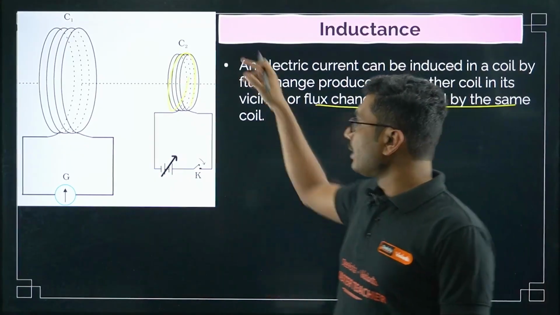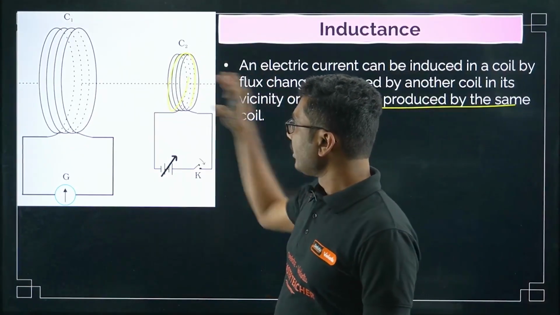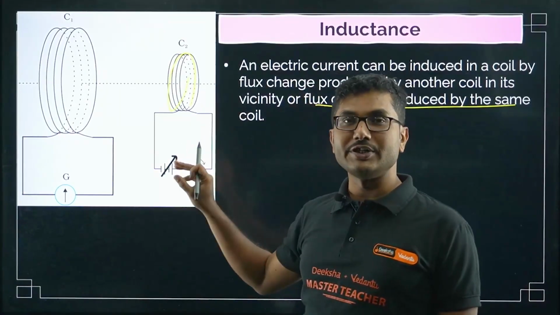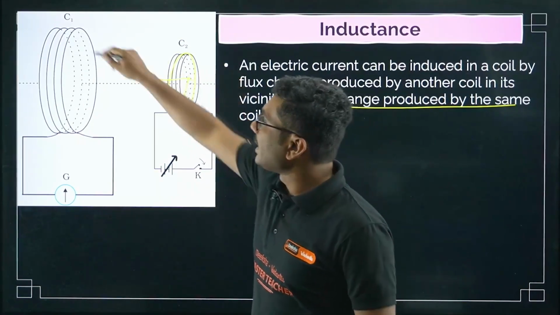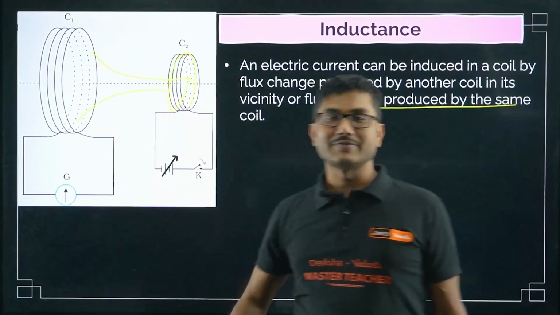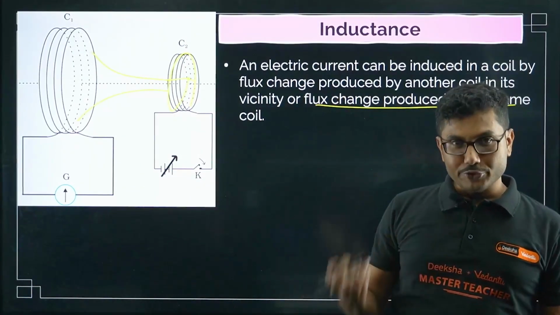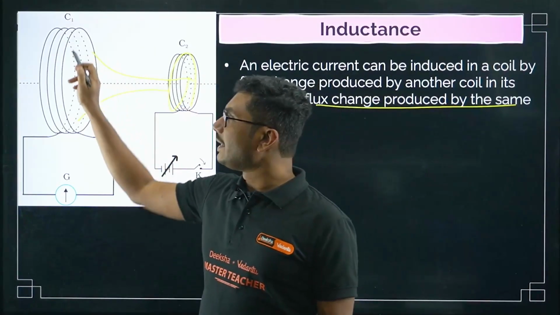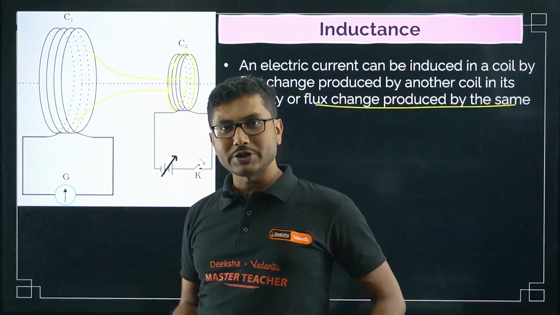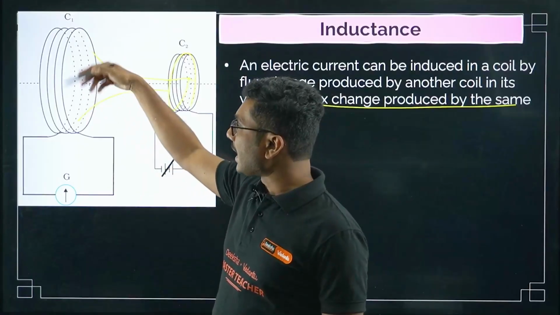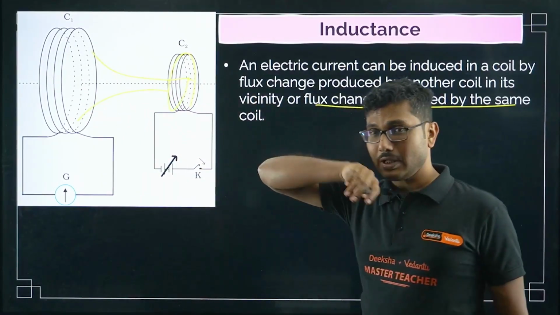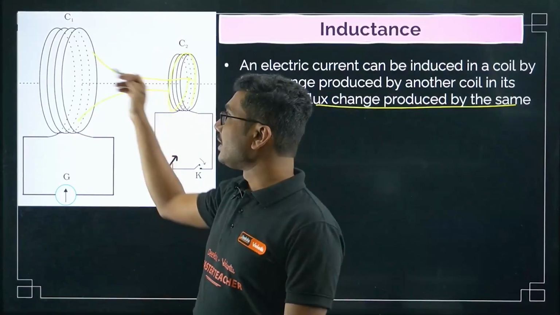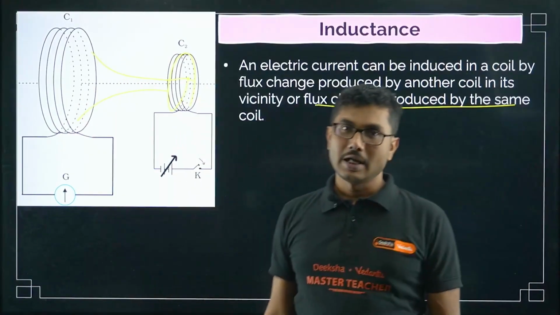If you keep changing the current, the magnetic field lines change, proportional to the current. So the magnetic field lines linked with the second coil keep changing, the magnetic flux associated with the second coil also changes, and that gives rise to an induced current.